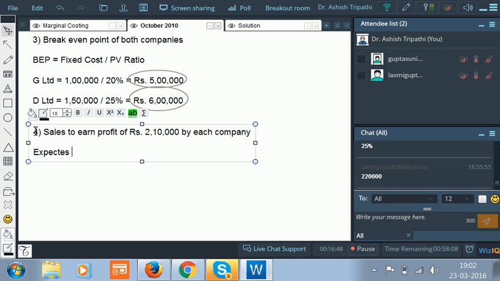So we will say expected sales is equal to expected profit plus fixed cost upon PV ratio.